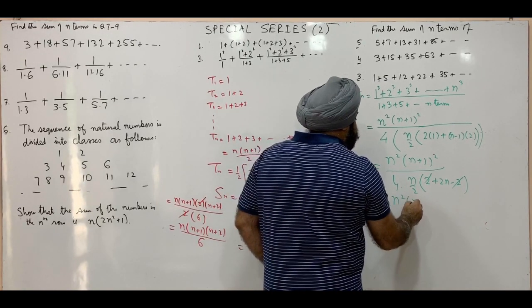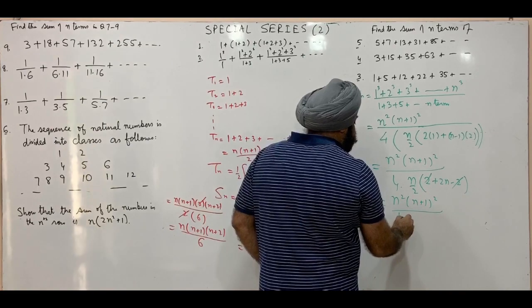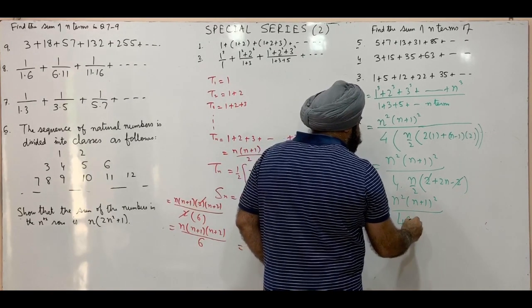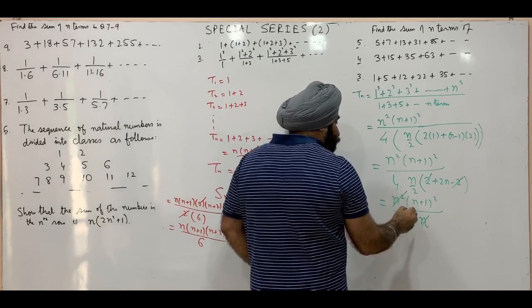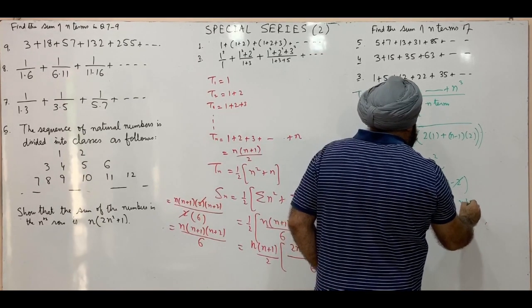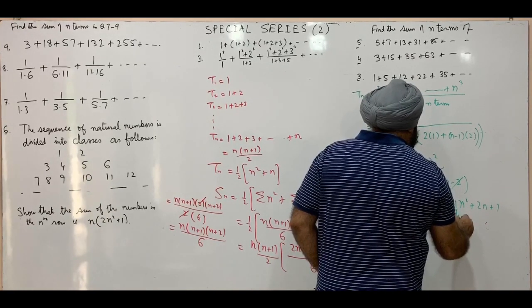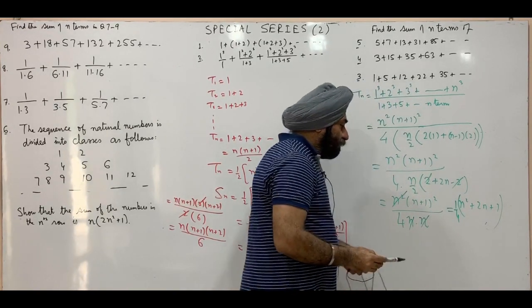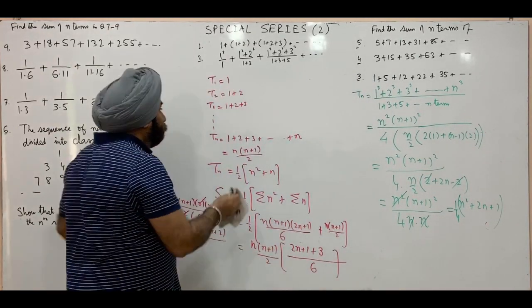It's n square n plus 1 whole square upon 4 into n, 2n upon 2 is n, n cancels with n square, so that's n plus 1 whole square, n square plus 2n plus 1, upon 4. So this is the nth term.